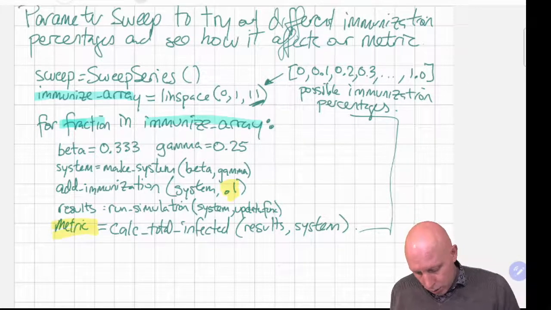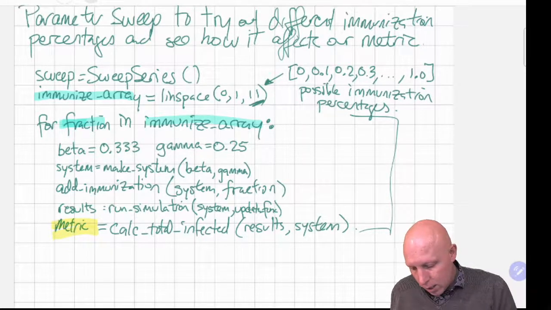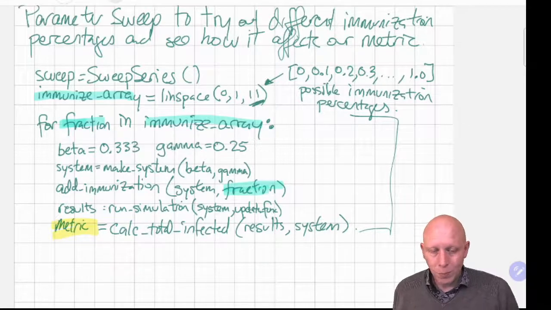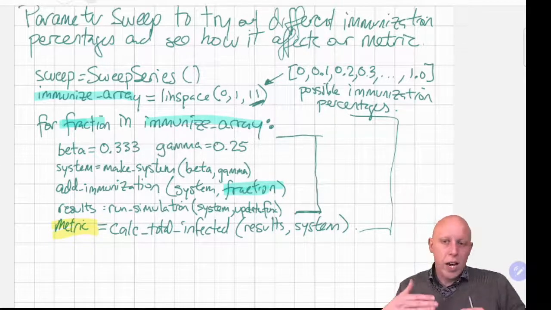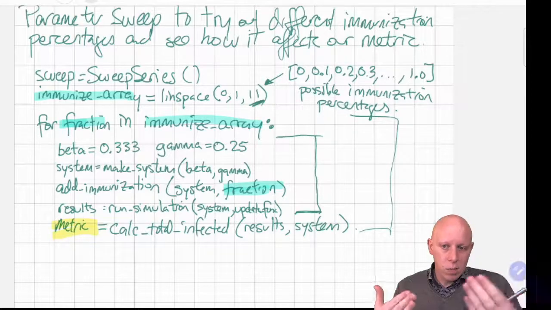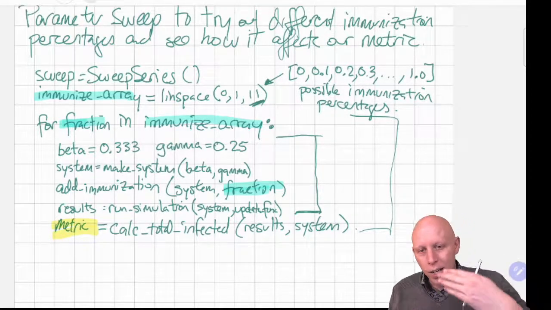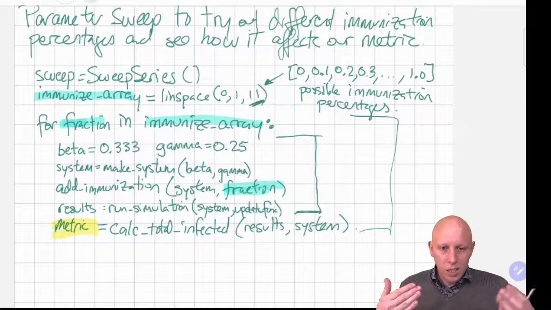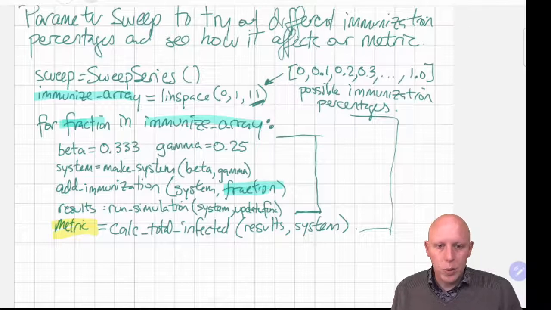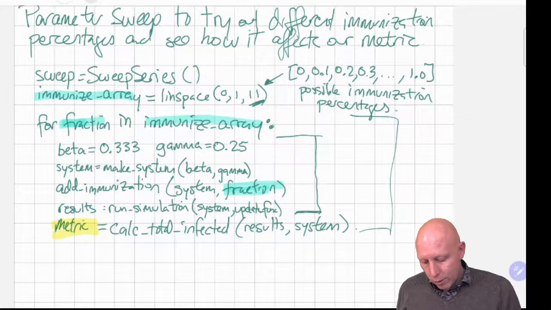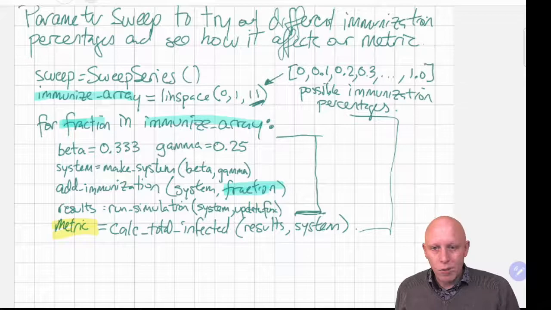We're going to put this fraction where we had our 0.1 before, inside the immunization. This is going to feel a lot like exactly what we did before: we have created our system, put the fraction of immunization into the system to move some people from susceptible into recovered, and then run our simulation with that information.